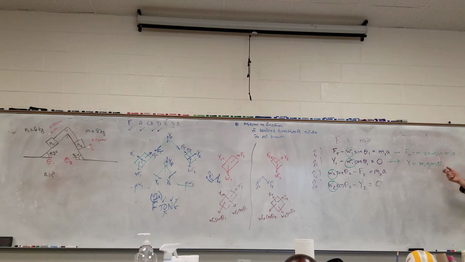Can be done in 2 steps, but that should be Y1. Then I have M2G sine theta 2 minus Ft is equal to M2A. And M2G cosine theta 2 equals Y2.